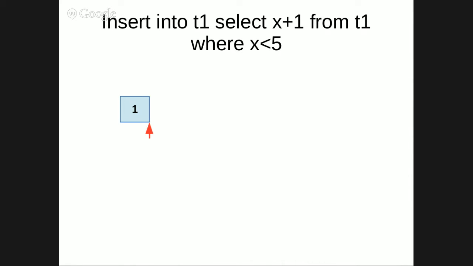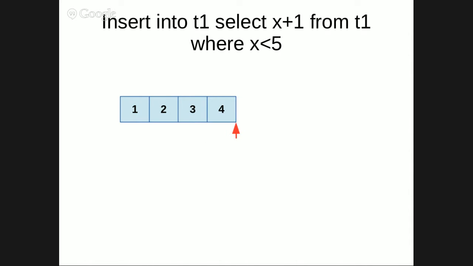It reads the 1 out of T1, adds 1 to it, and inserts it into T1. So now you've got 1 and 2 in the table. Then it keeps reading, reads the 2, adds 1 to it, and inserts a 3 into the table. Then the cursor reads a 3, adds 1 to it, sees that 4 is less than 5, so it inserts the 4 into the table.